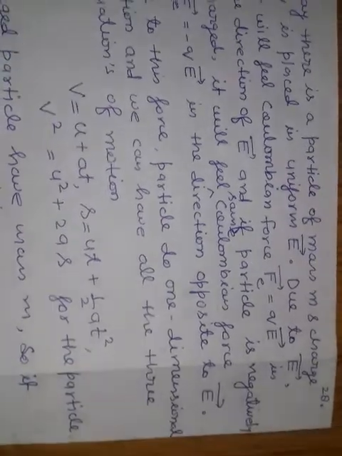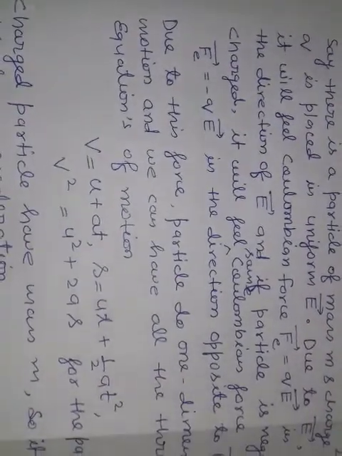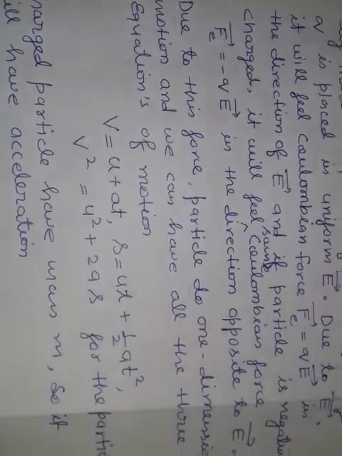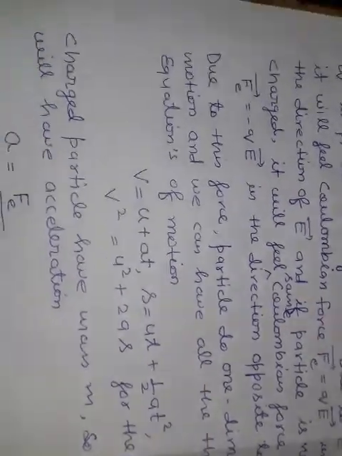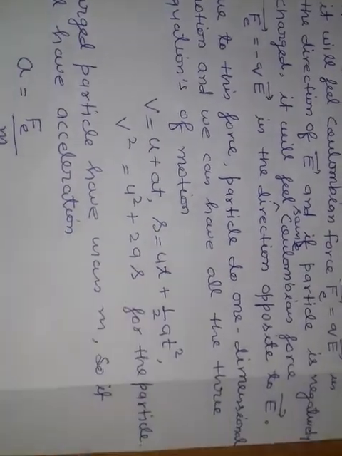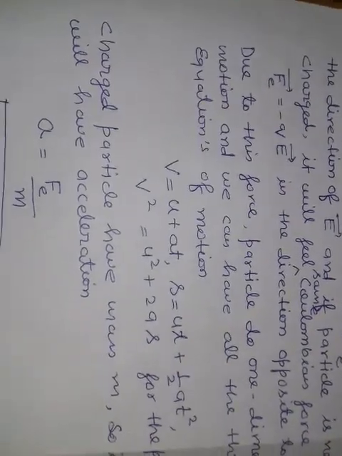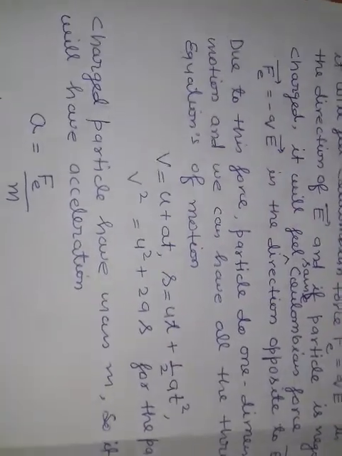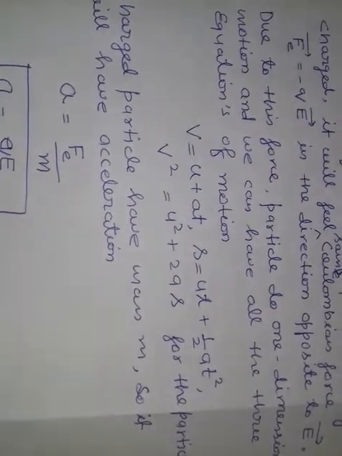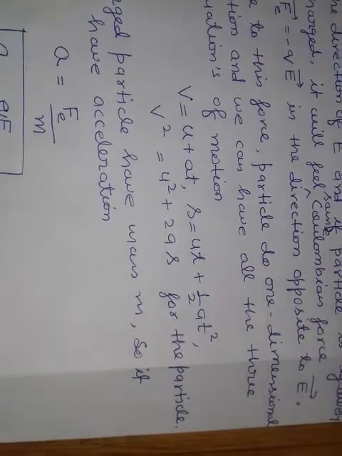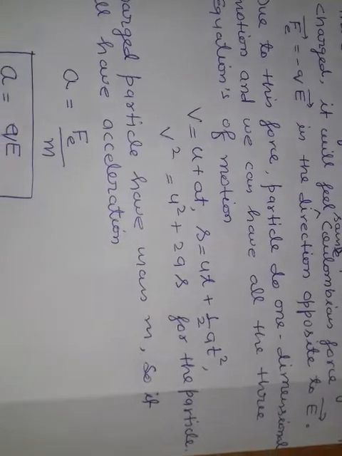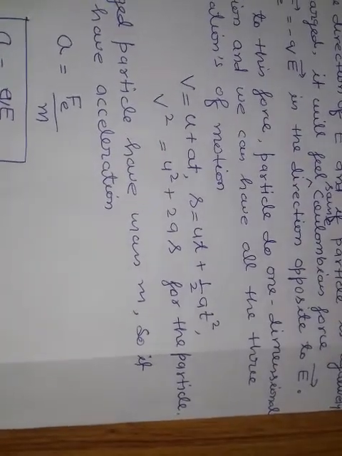If the particle is negatively charged, it will feel the same Coulombian force qE but in the direction opposite to electric field. Due to this electrostatic force, the particle does one-dimensional motion, and we can have all three equations of motion: v is equal to u plus at, s is equal to ut plus half at square, v square is equal to u square plus 2as for the particle.